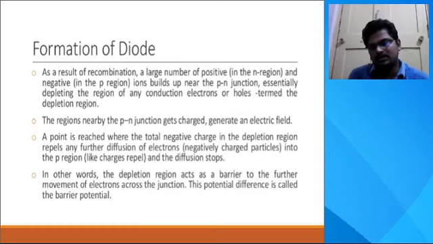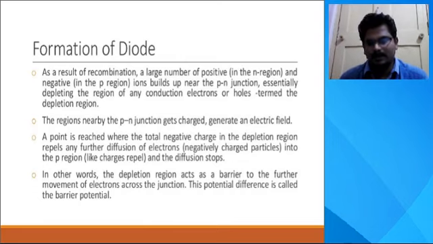This process is called diffusion. In other words, the depletion region acts as a barrier to the further movement of electrons across the junction. This potential difference is called the barrier potential.